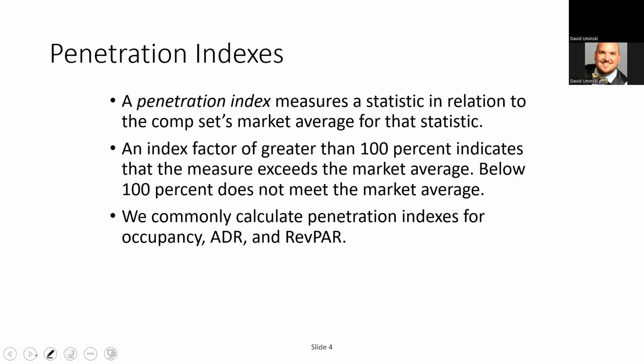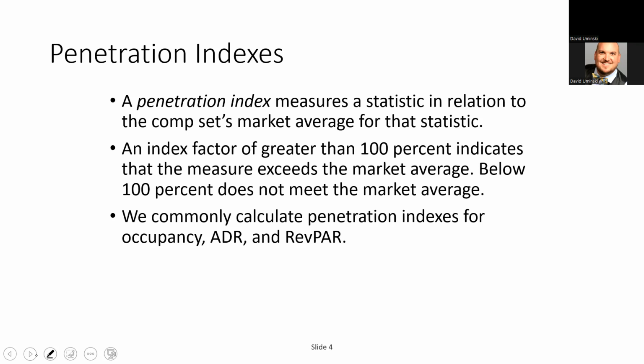So this is comparing how our hotel did to the average of all the hotels. If you look on our worksheet, down here at the bottom where you see market averages, we're going to find the average for occupancy, ADR, and RevPAR.